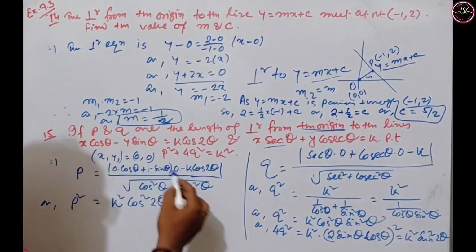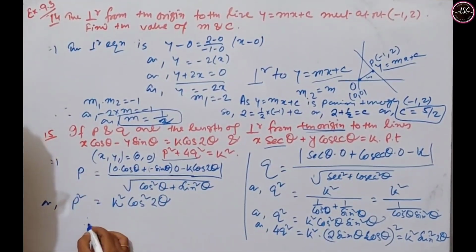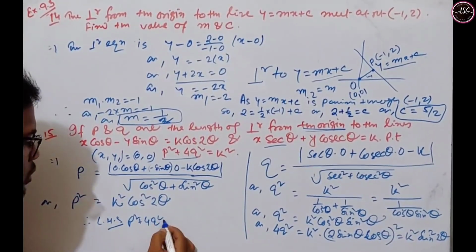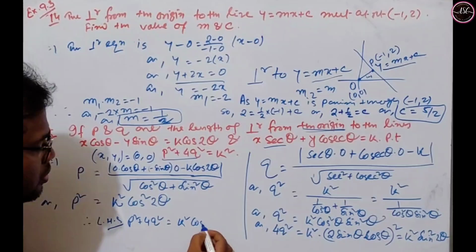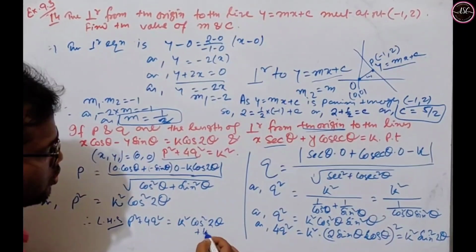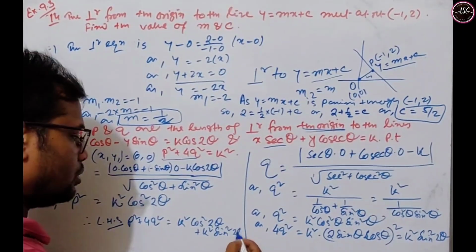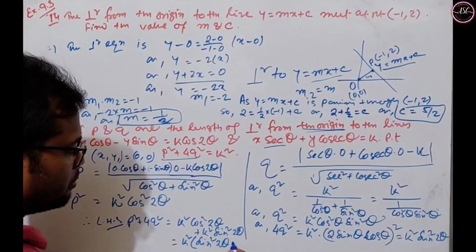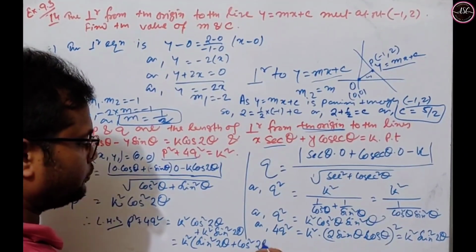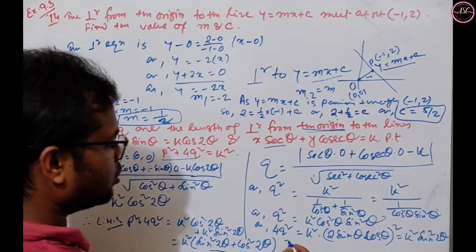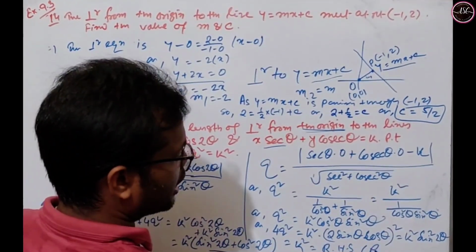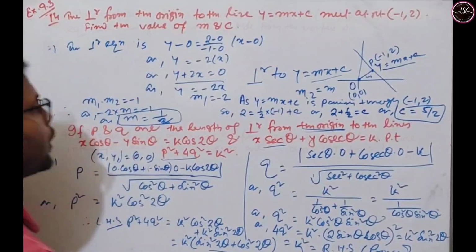Okay, so if we take LHS, therefore LHS equals p square plus 4q square equals k square cos square 2 theta plus k square sin square 2 theta equals k square into (sin square 2 theta plus cos square 2 theta). This will be 1, so k square equals RHS. Proved.